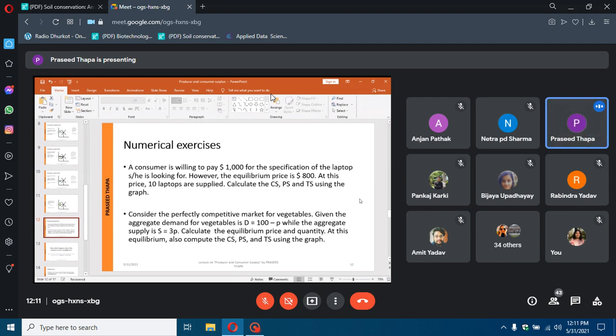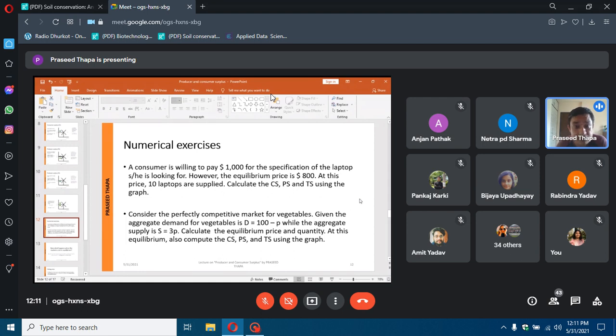Similarly, the formula for the producer surplus is the same. But it is very easy here because you don't need any tricks: the equilibrium price is given as 25, so the height of the triangle is simply 25, and the base is again 75.